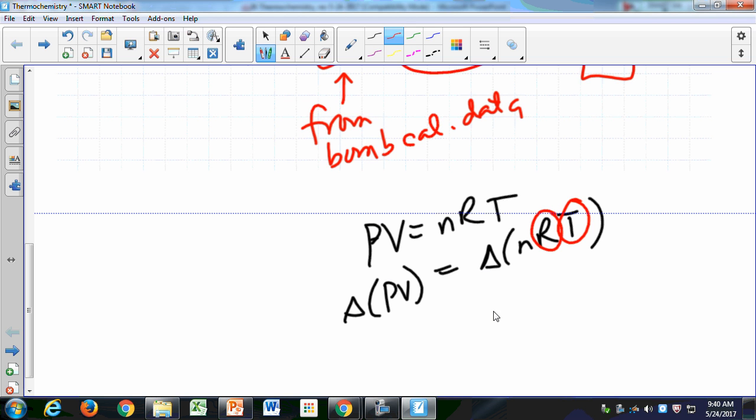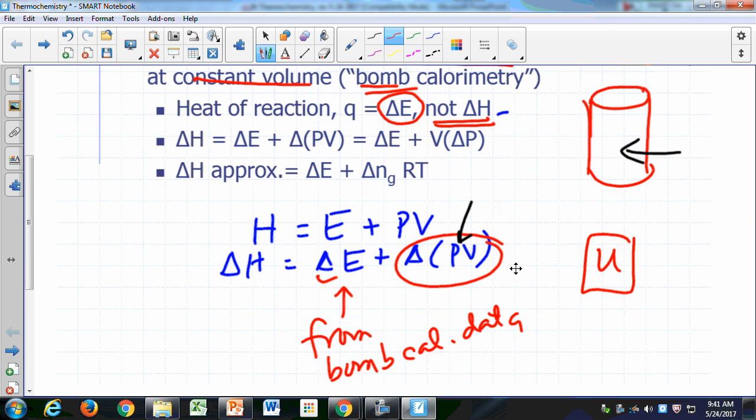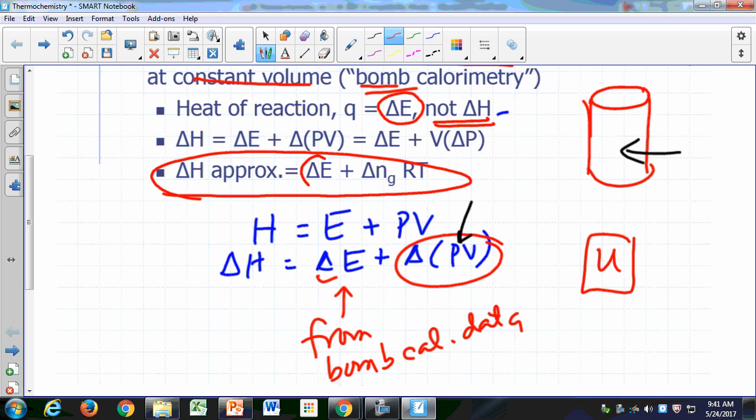Of course, R is a constant, so the only thing that can change here is n, the moles of gas. So that's going to be delta n gas times RT. This is the formula you'll use to get the delta H from bomb calorimetry data. You have the heat of reaction, which is delta E, and then you add delta n gas times RT.